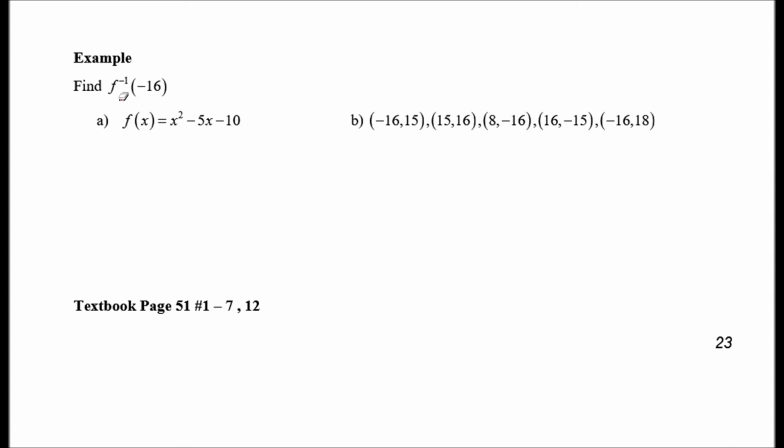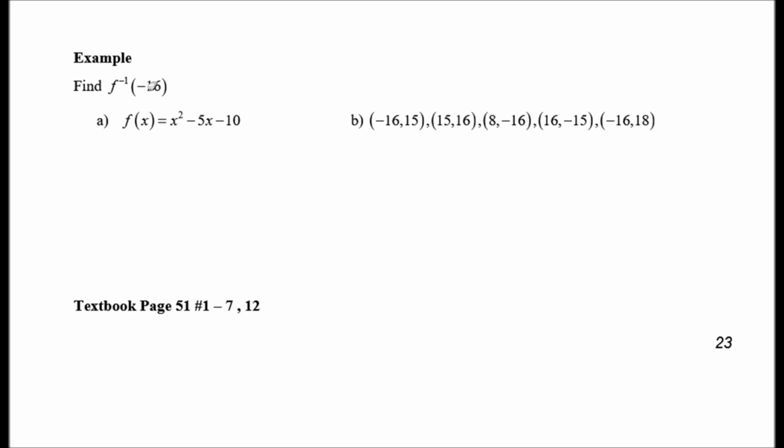They want you to find the inverse at -16. Now, if you want, you could be psycho and find the inverse equation, x equals y squared minus 5y minus 10, solve for y, and then put -16 into the function. Go for it. But think about this.